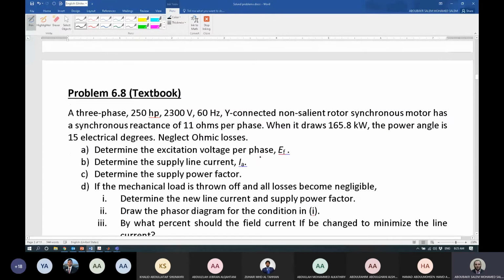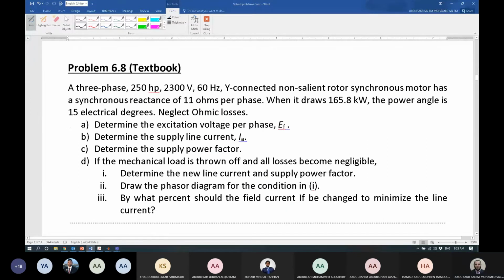Another problem in the textbook, problem number 8. Three-phase, 250 horsepower.